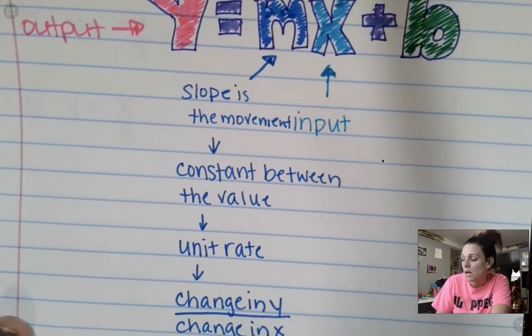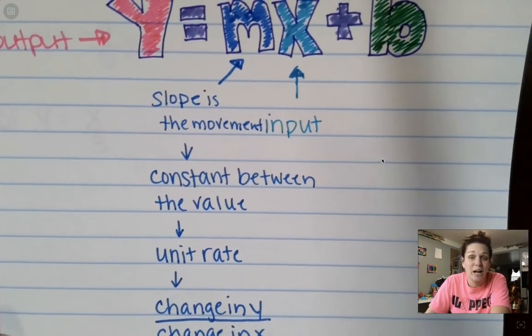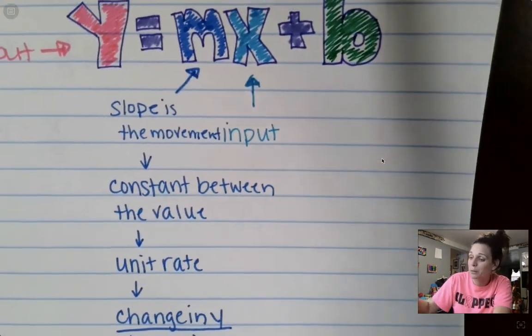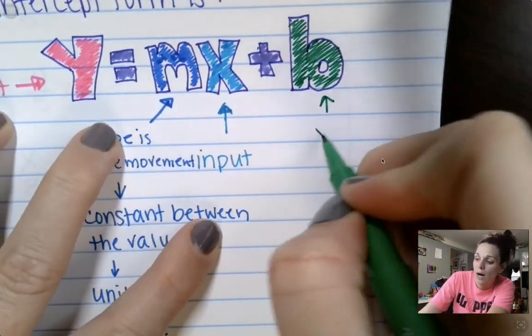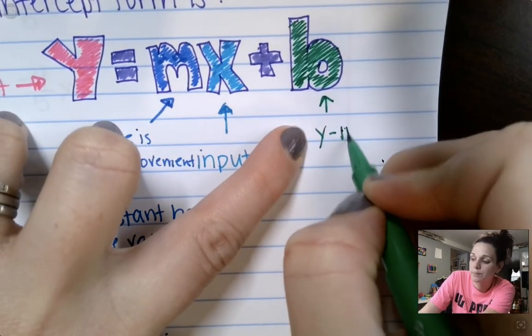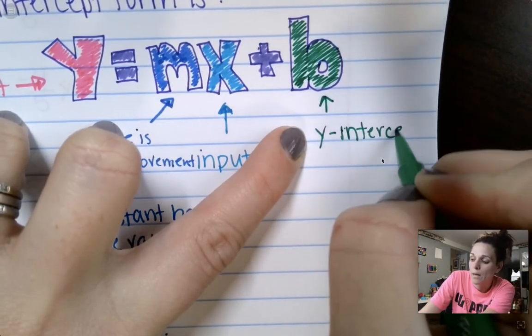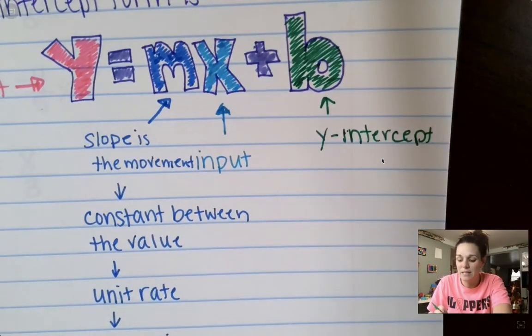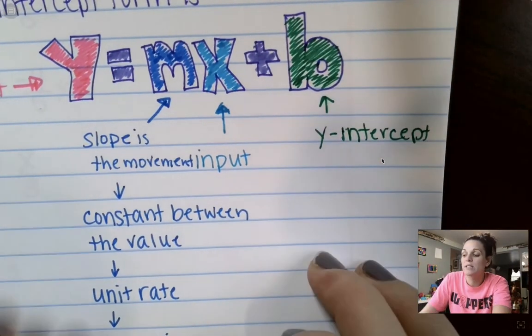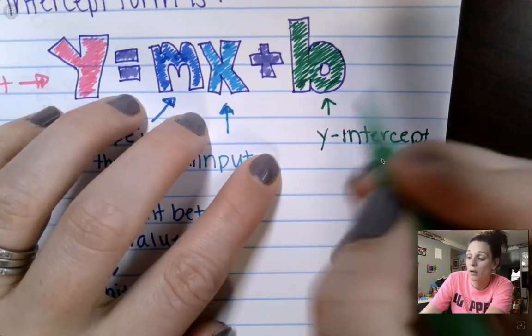Now let's talk about B. Again, an arbitrary letter that they threw in there. The B is my y-intercept.